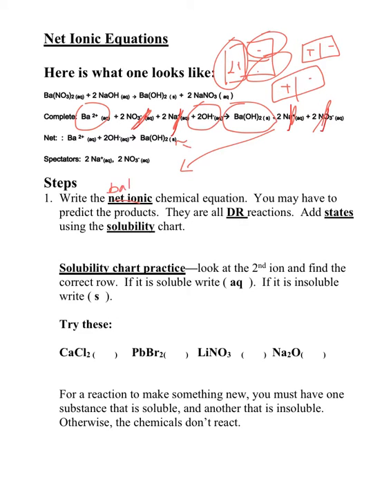It's my bad. Balance the chemical equation. You may have to predict the products. They're all double replacement reactions. And you're going to add states using the solubility chart. So let's practice doing this now. If you think something is soluble, you're going to write AQ, and otherwise it's S. So go ahead and try these on your own and then come back and check.